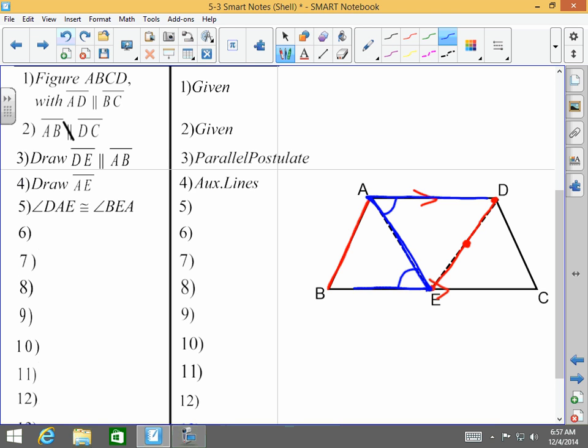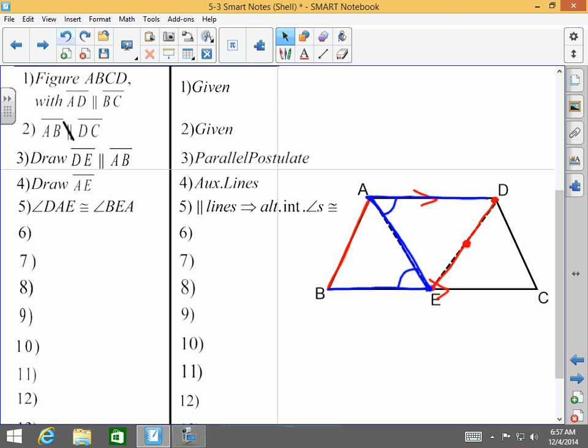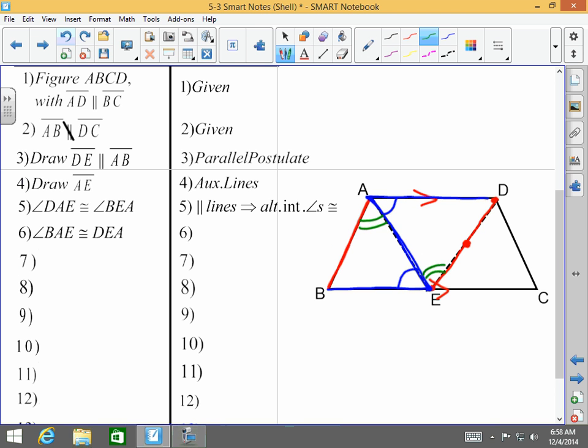Because of the Z alternate interior angle theorem. From there I can say that BAE is congruent to DEA. BAE is congruent to DEA. Remember that we had stated that BA is parallel to DE. So I can once again use my alternate interior angle theorem.